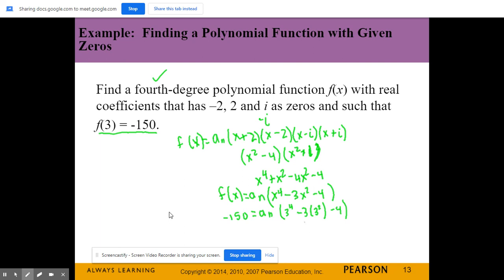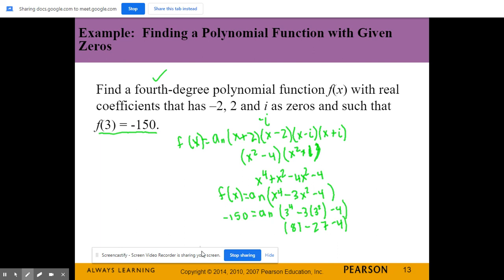Well, 3 times 3 is 9, times 3 is 27, times 3 is 81. So we've got 81. 3 times 3 is 9, times that negative 3 is negative 27. 81 minus 27 is 54. 54 minus 4 is 50.